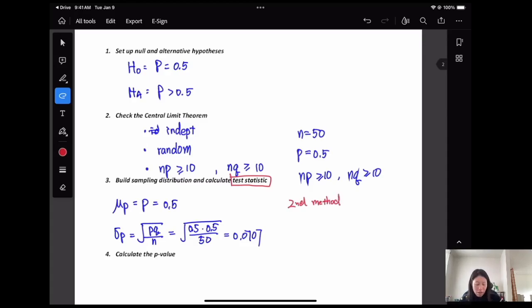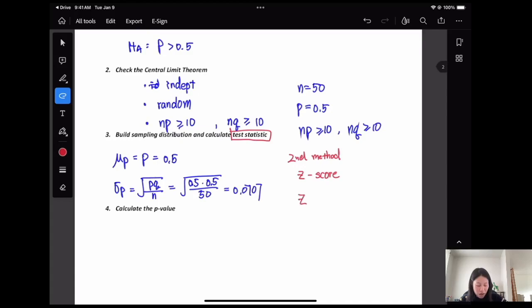So that means I need to find the z-score for what we have. The z-score equals our p-hat minus our population mu divided by sigma.